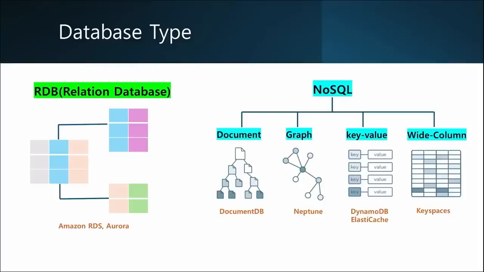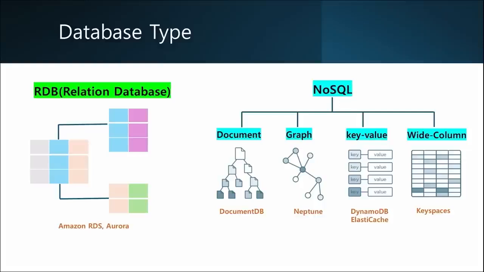Let's take a look at them one by one. First of all, we have RDB, which we are very familiar with. When it comes to databases, RDB is traditionally used. Many people have used RDB at least once. RDB is a relational database, and data can be combined through joins between tables. For RDB, services provided by Amazon include Amazon RDS and Aurora DB.